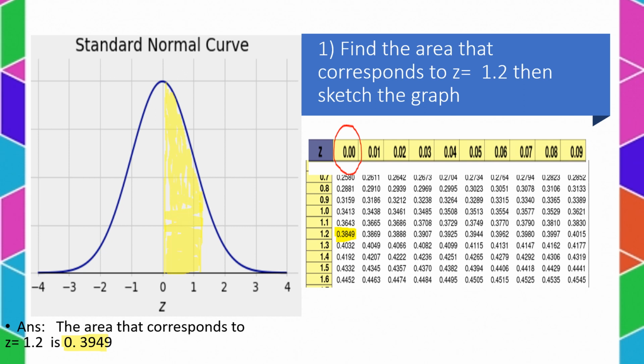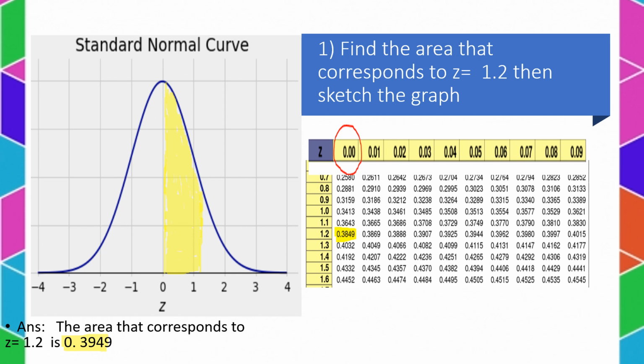So, ibig sabihin, yung graph mo ay matatagpuan mo dito sa right side since it is positive. Okay? Hanapin mo lang yung 1.2. Sobra ka sa 1, and then 0.1, 0.2, and then shade. Okay? So, counter-check mo, dapat yung naka-shaded area is only 39.49%.